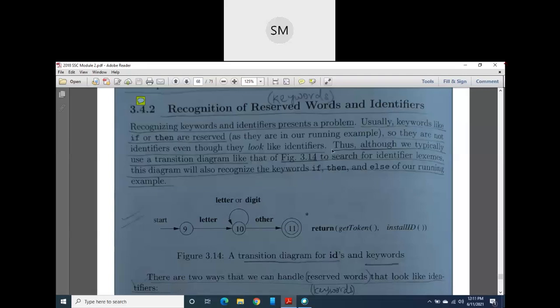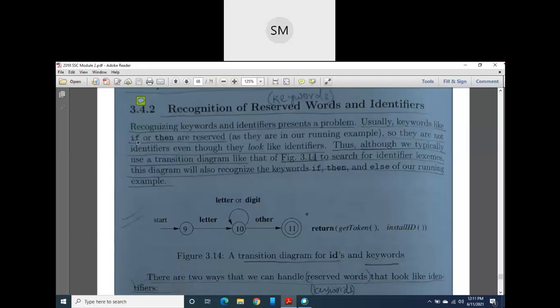Whenever we look at if and then, or else, which are called reserved words, they are not identifiers or variable names, even though they look like variables. So why can't I use if as a variable? Of course you can, no problem.